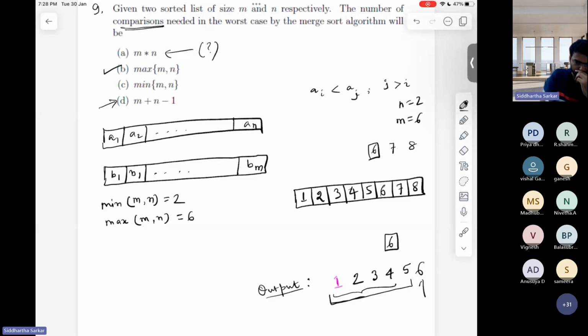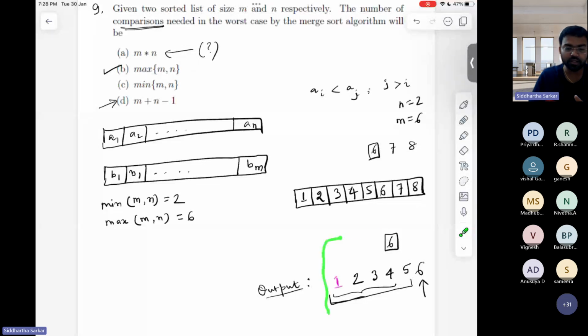Except for the last element, for all other elements, we had to do one comparison. The total number of elements was m plus n, that is 3 plus 3 in this case. So we in fact did m plus n minus 1. So the question is whether the worst case could be even worse. So m plus n minus 1 is required.